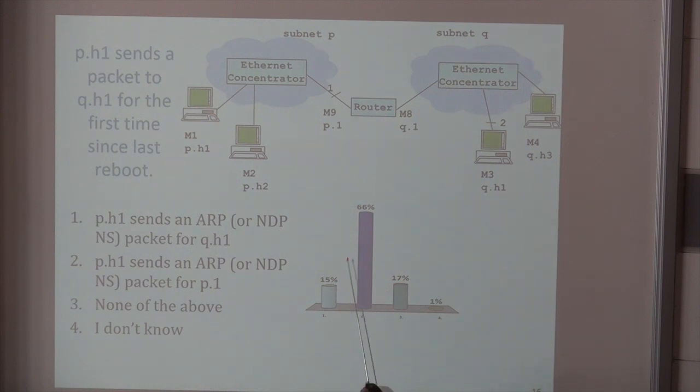It will send it to its router, which corresponds to the IP address P.1. So the routing table will say next hop equal P.1. So it will send to the MAC address that corresponds to the IP address P.1. So answer 2 is the correct answer.